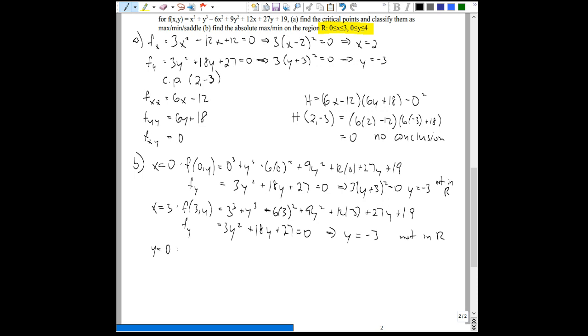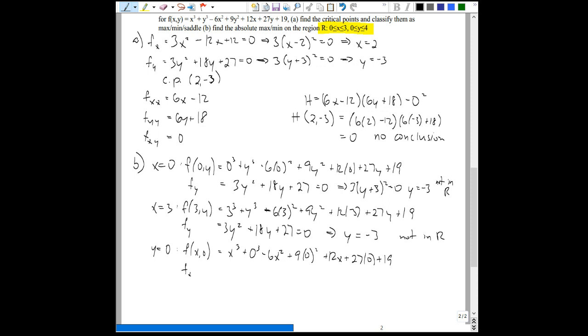Next boundary, y equals 0. So when y equals 0, that's going to give us the function x cubed plus 0 cubed minus 6x squared plus 9 times 0 squared plus 12x plus 27 times 0 plus 19.